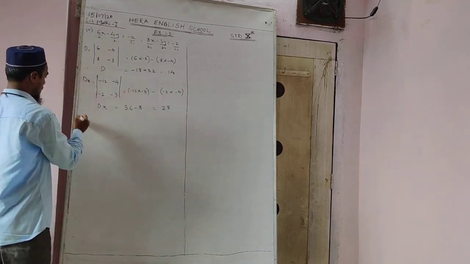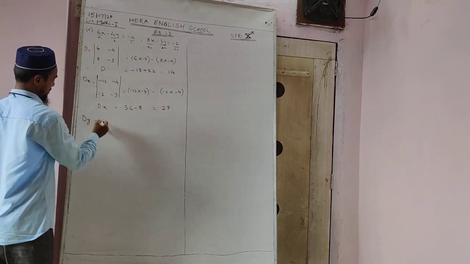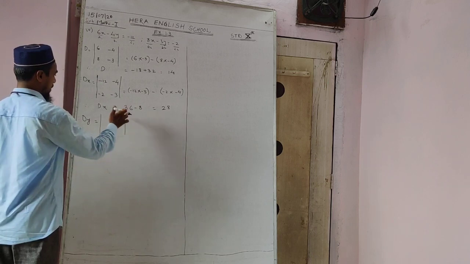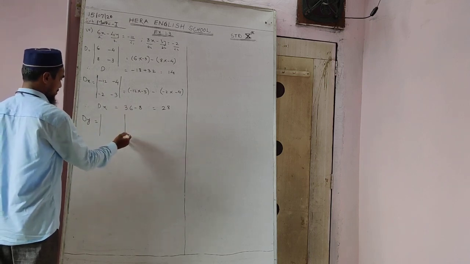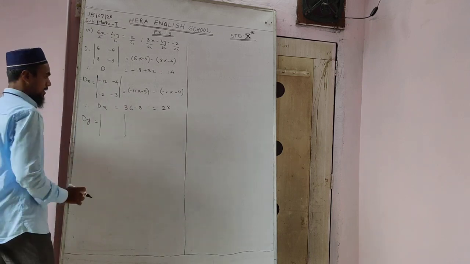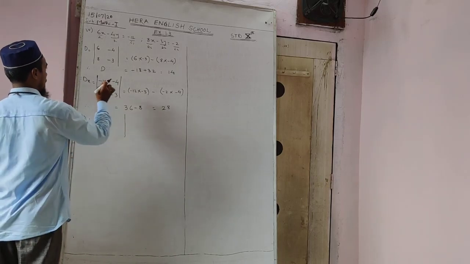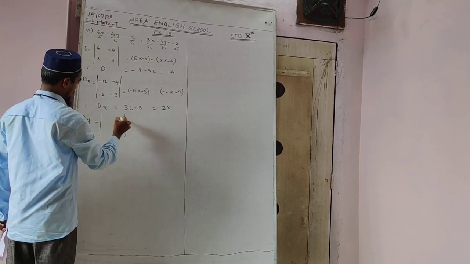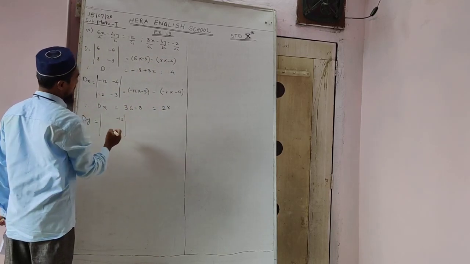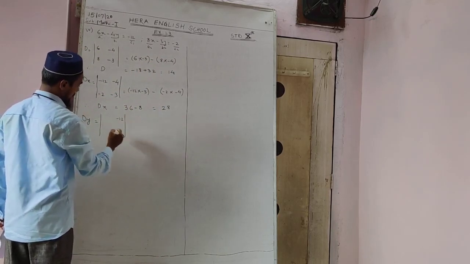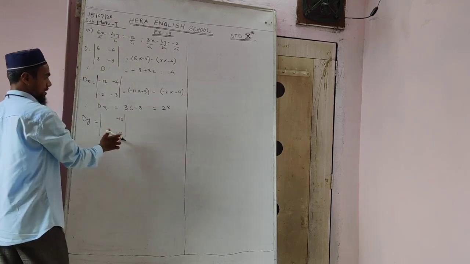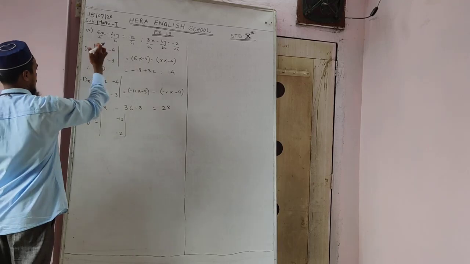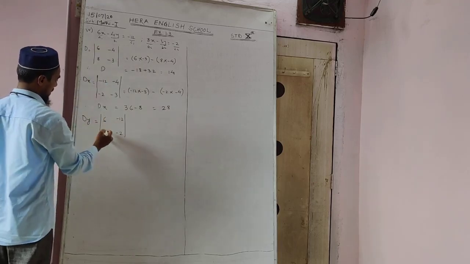Now continue with Dy. Same as before, we will not take the y values, meaning b1 and b2. Here we keep c1 and c2, that is minus 12 and minus 2, and keep a1 and a2 as they are, 6 and 8.